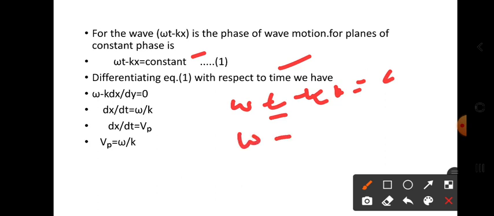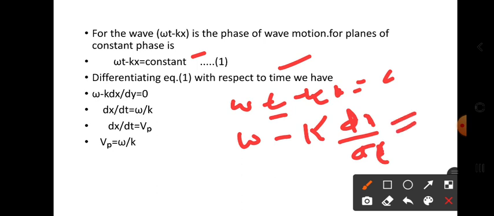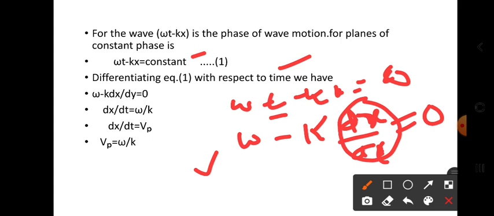Then omega minus k dx by dt equals the derivative of a constant, which is 0, right? And this dx by dt is distance by time, which is velocity. That velocity is the phase velocity.